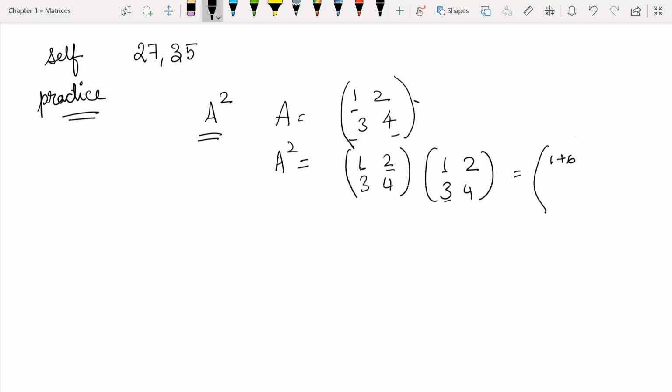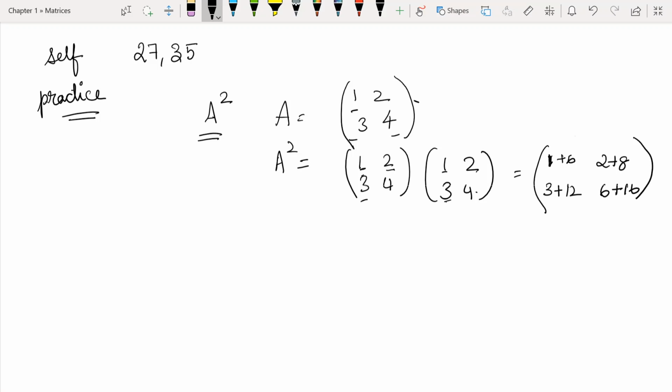And the second element will be 1 into 2 plus 2 into 4, which is 10. Then the next row: 3 into 1 plus 4 into 3, 15. Then here it will be 3 2s are 6 plus 4 4s are 16, which is 22.